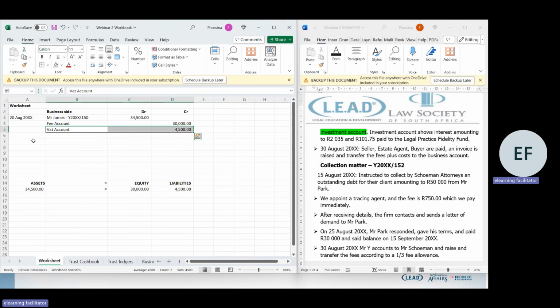So we have to raise a manual journal, because we are transferring money from Mr. Happy's account, because we didn't combine it into one file. We separated the file into the purchaser and seller. So we're going to transfer money from Mr. Happy to the seller. How much are we transferring? So it's a manual journal that we are going to record.